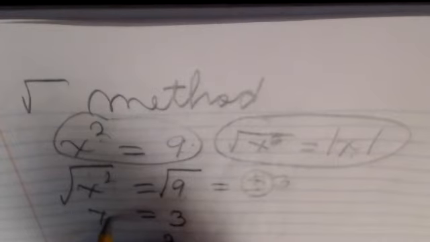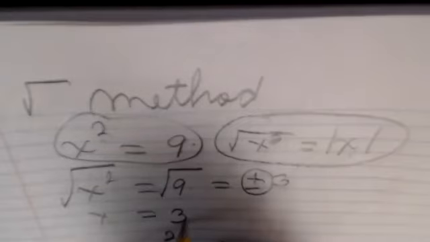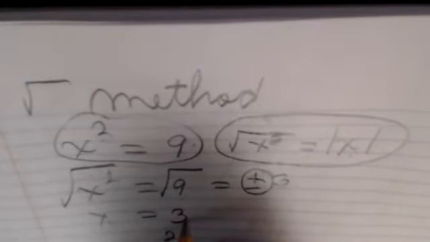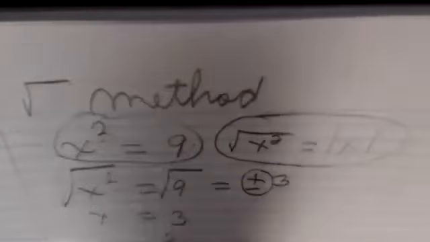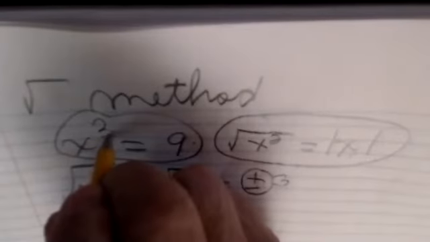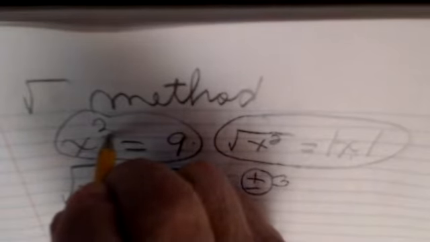Kevin, what's the square root of x squared? x. What's the square root of 9? 3. I got x is 3, but I got a little problem here, Trinity, because this is a second degree equation. I'm supposed to get 2 answers. I wonder what happened to the other one.